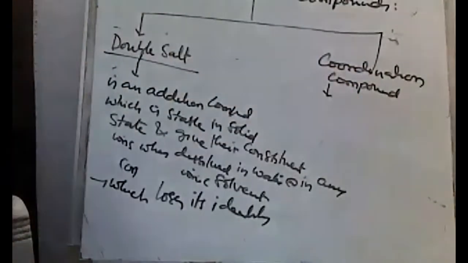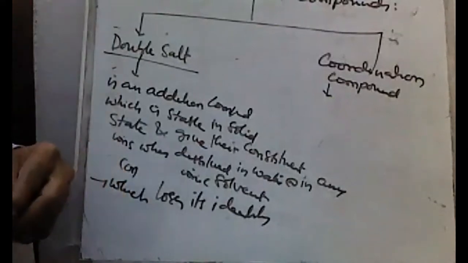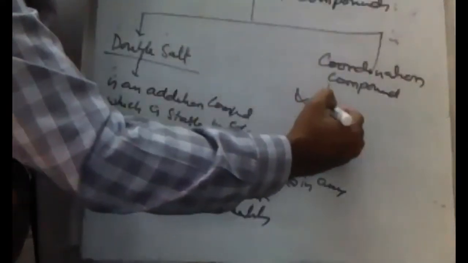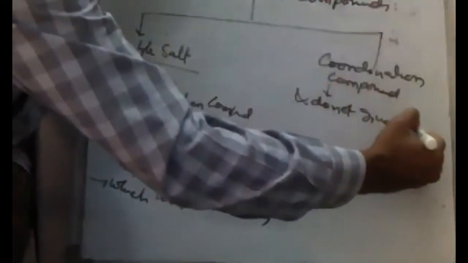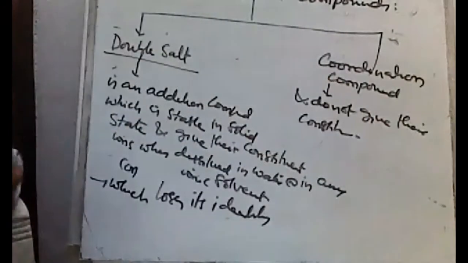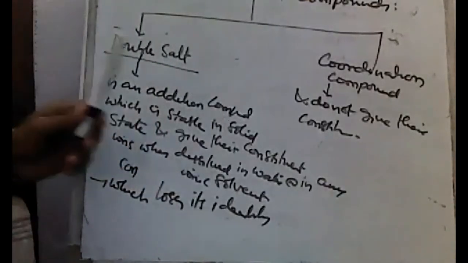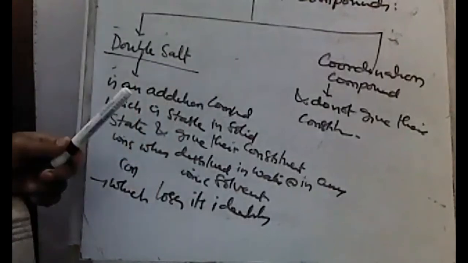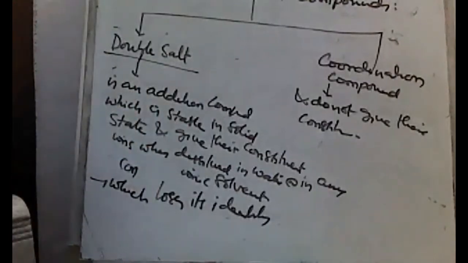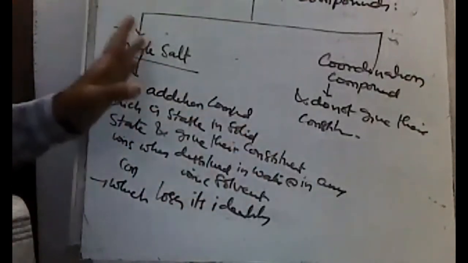Whereas coordination compound is also an addition compound which is stable in solid state and does not give its constituent ions when dissolved in water or in any ionic solvent. You see, double salt gives its constituent ions when dissolved in water, but it is stable in solid form.